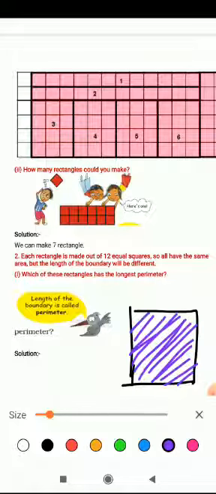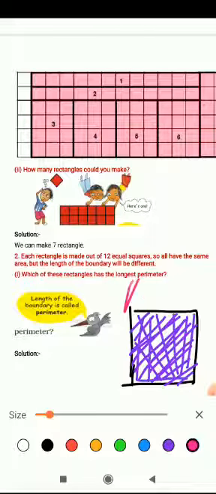Okay, this purple one is space occupied by this square, and it is called an area of a square. Okay, this part is the area of the square. I am writing area.